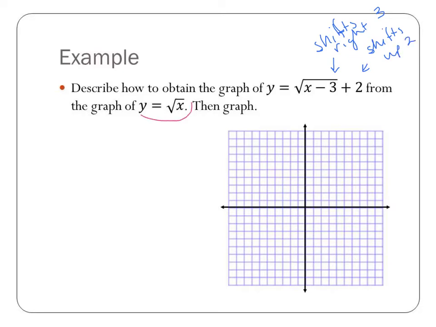If we're back to just y equals the square root of x, your 2 basic points are 0, 0 and 1, 1. Both of those points are going to shift right 3 and up 2. So those are my 2 new points, and then you just sketch your graph in there.